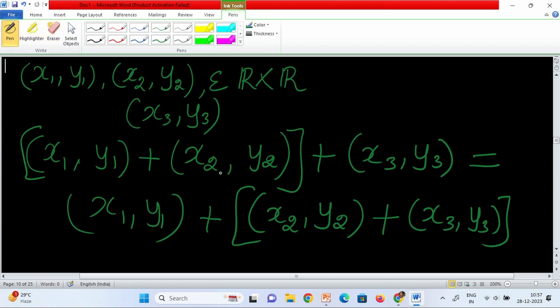We have to prove this condition in order to prove R cross R is associative.